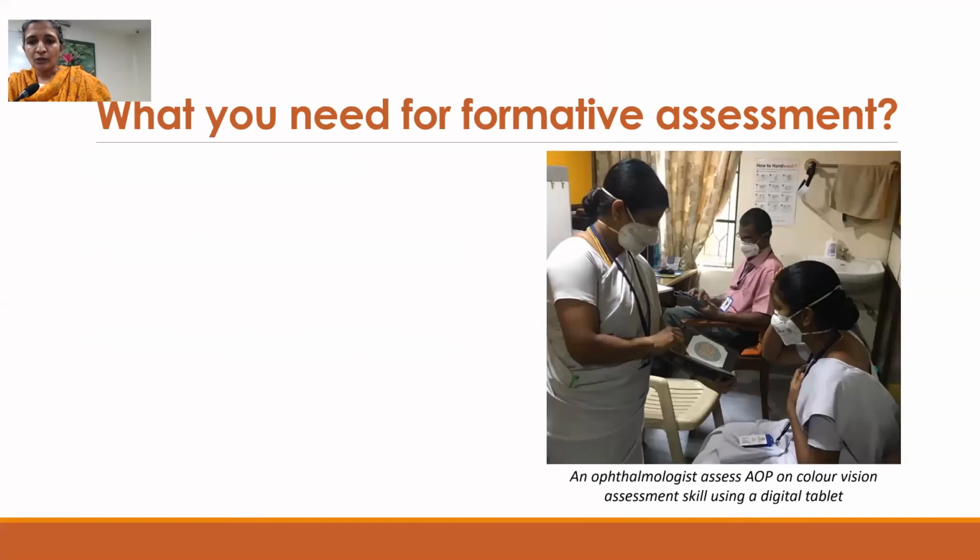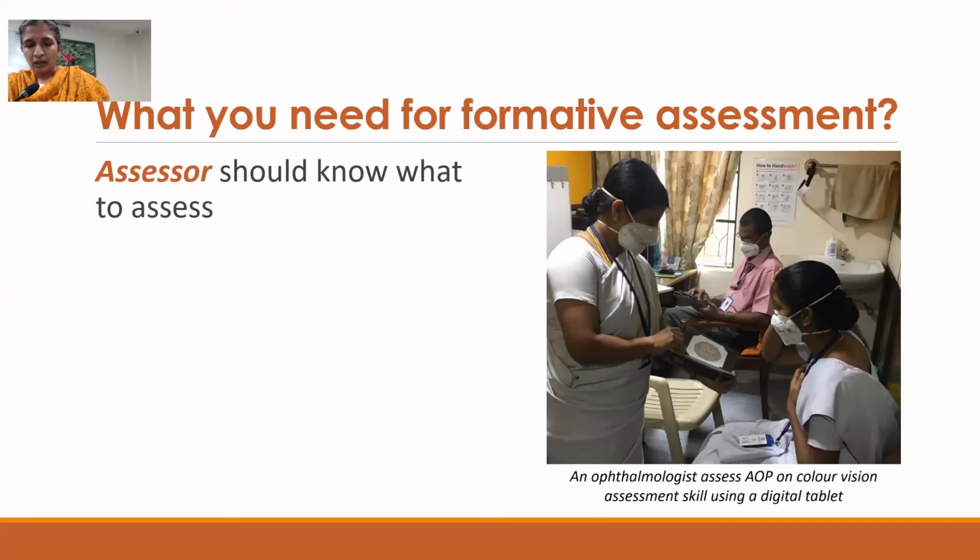So what do you need to do this well? First, the assessor should know what to assess. Very, very important. And I really want to stress upon the assessor because it's not just technically knowing the skill and knowing how to fill the checklist. The assessor integrity is very, very important.